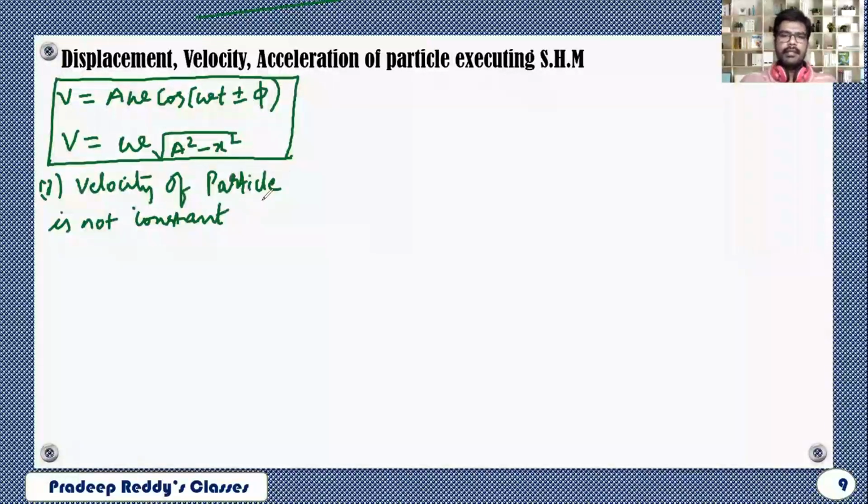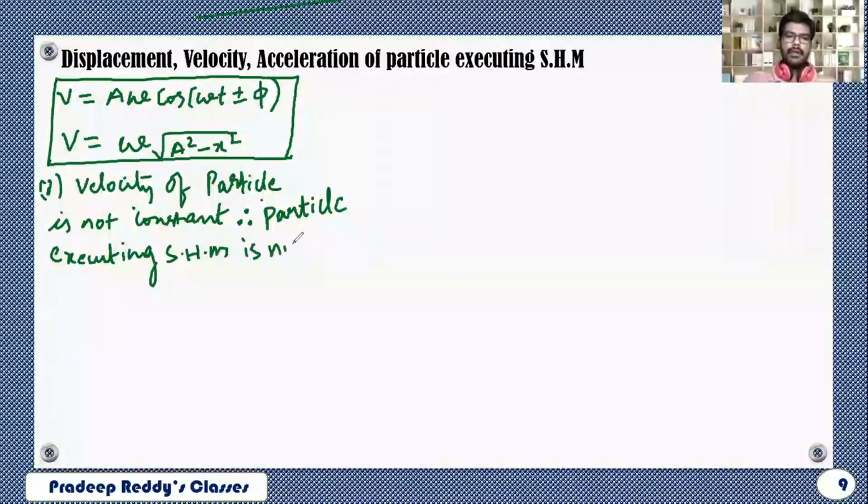Velocity of the particle is not constant. Therefore, particle executing SHM is non-uniform motion.